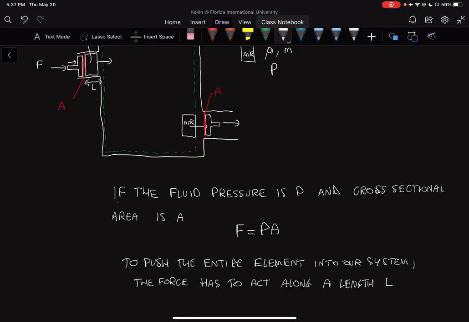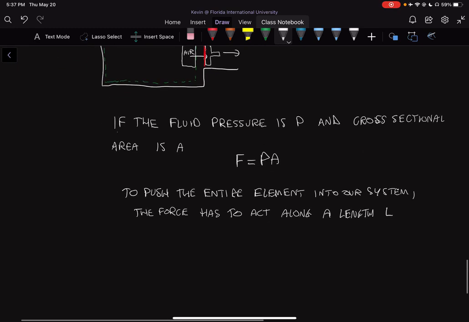And we can therefore say that F times L is equal to PAL, and we know that force times length is also equal to force times distance, which we should know is equal to work.